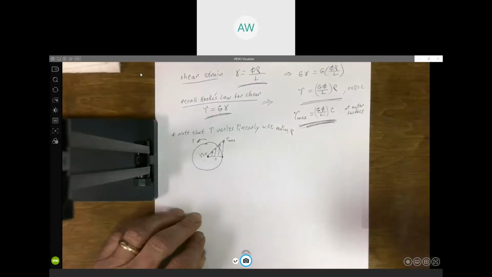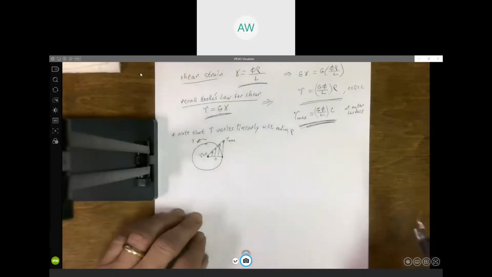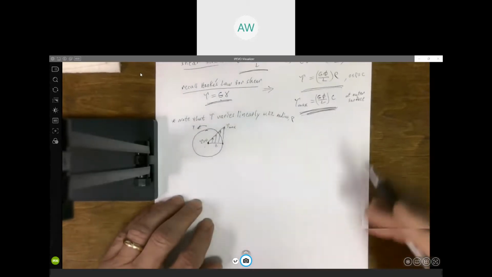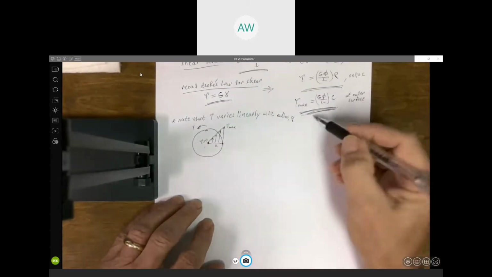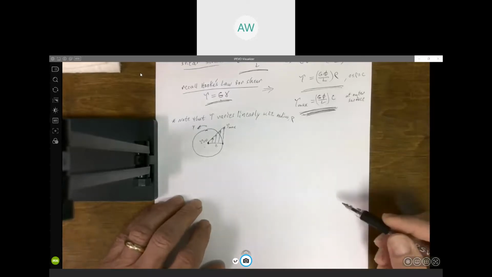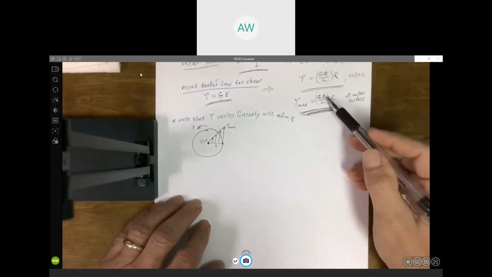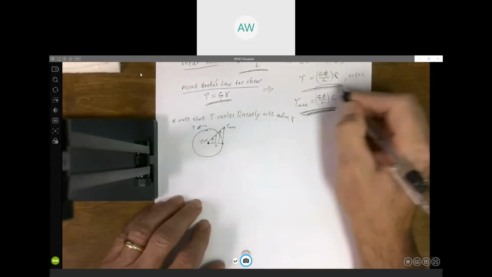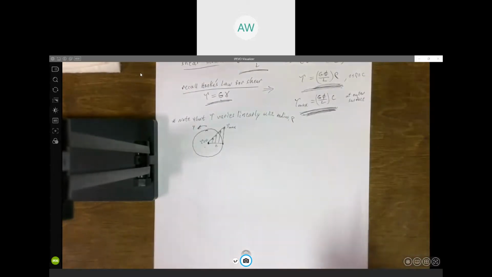We want a formula that relates shear stress and the torque that's applied as opposed to that angle. So that's where we're headed next. So we've basically, phase 1, we're halfway there. Now we have to take this formula and get rid of phi and get the torque in there somehow, or get this formula in terms of rho. All right, so that's where we're heading.